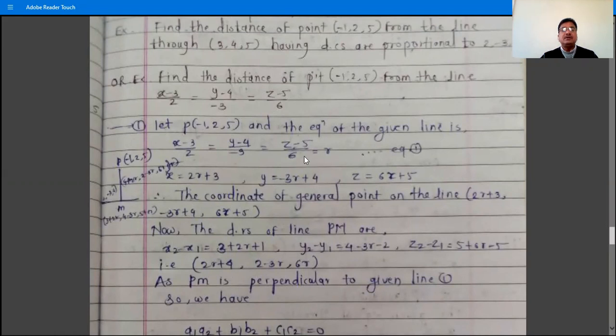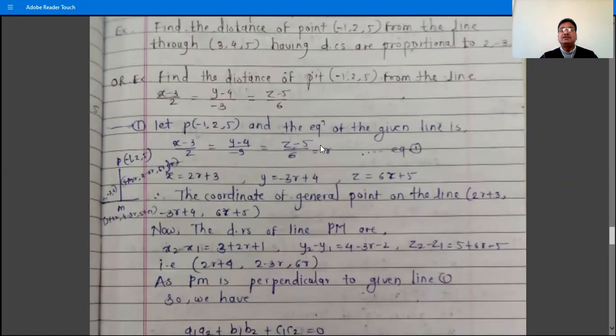Okay, so let each ratio be equal to r. Suppose r is equal to each ratio, and then x is equal to 2r + 3, and then y is minus 9r plus 4, right? Not minus 9, it is minus 3.